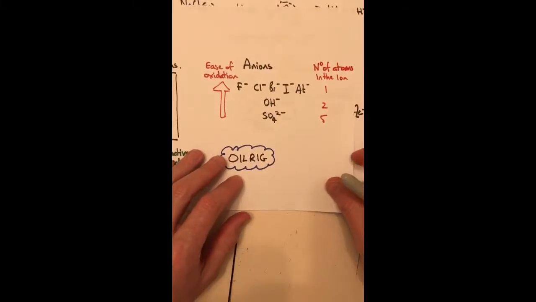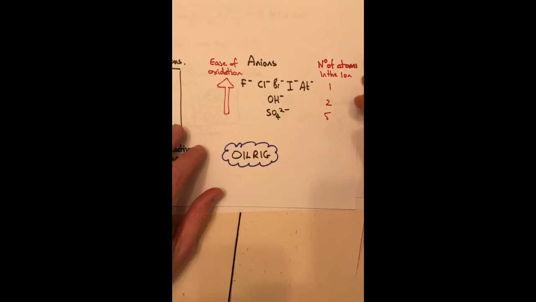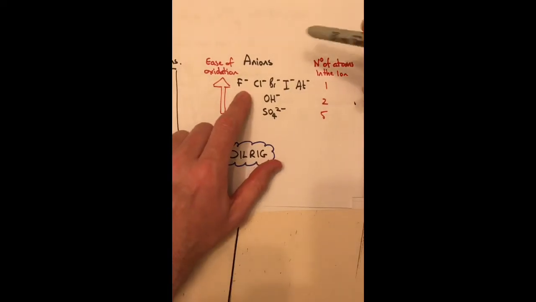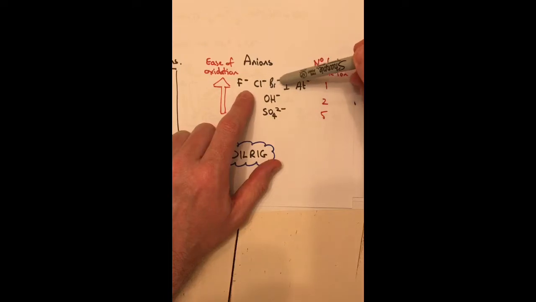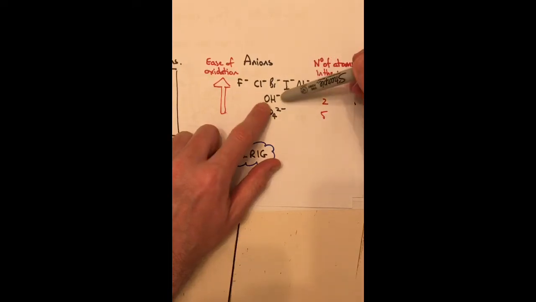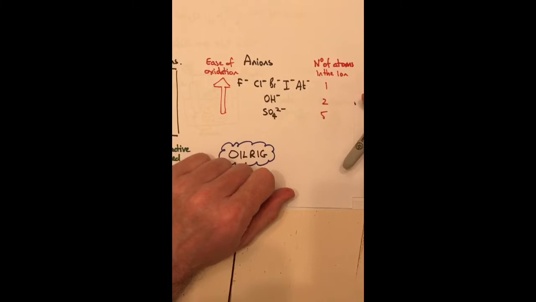We're going to bring in the second half of this little sheet to help us. So what we need to consider here now, here's a list of all the anions that we need to be aware of. So the top row are all my single charge, they're all my halide ions. Underneath that we've got a hydroxide ion, and underneath that we have got a sulfate ion, which is a 2- ion.